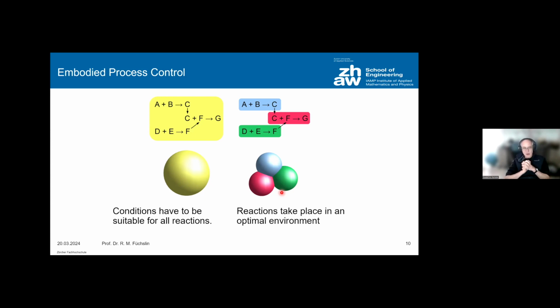You will have suboptimal conditions. And obviously, what you can do is split up your compartment into many different compartments such that the individual steps of the reaction can take place under optimal or otherwise controllable conditions, so that you can exert a certain amount of control over your reaction process.